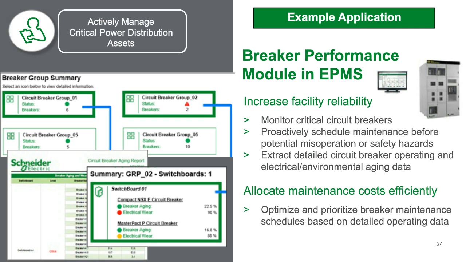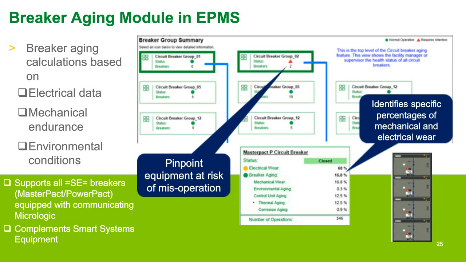What that does for us is it allows us to pinpoint equipment that may be at risk. In this case, a little red notification comes up, says you have an issue with that breaker. You dig into that breaker further, and you see that the breaker aging is becoming a critical factor. Now you know we need to get services out, take care of this breaker, make sure that it's been updated or serviced properly, and then it's ready to go.